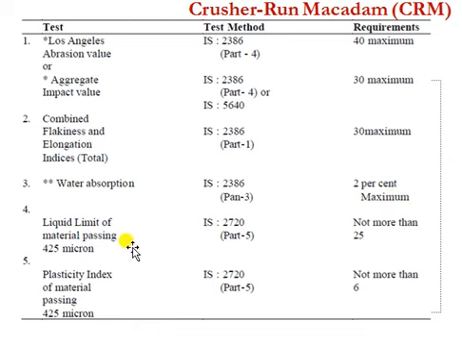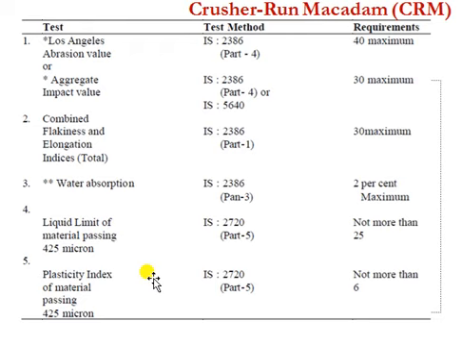Then the liquid limit of material passing through 425 micron is a maximum of 25%. It should not be more than 25%, and this is specified in IS 2720 part 5.